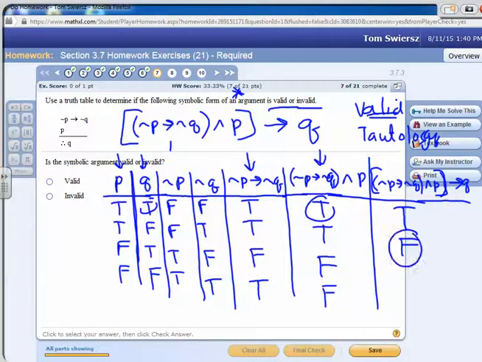We already have one false from if true here, then false. The if then is false, so we know the argument is definitely invalid because we already got one false in the truth table. Okay, so we know that this answer is definitely invalid.